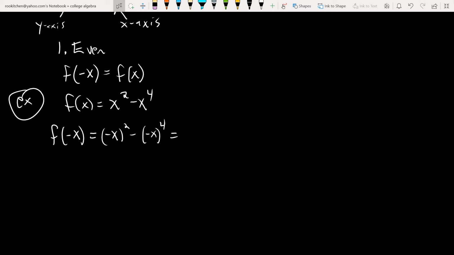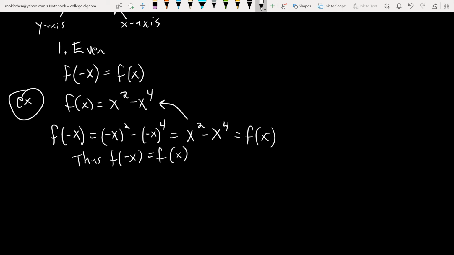And then if you raise a negative to an even power, it becomes positive. So this would be x squared minus x to the fourth. And that is f of x, right? That's just this thing right here. So I can write that equals f of x. And so I've shown that f of negative x equals f of x, which is going to imply it's an even function. Hence, even, right?